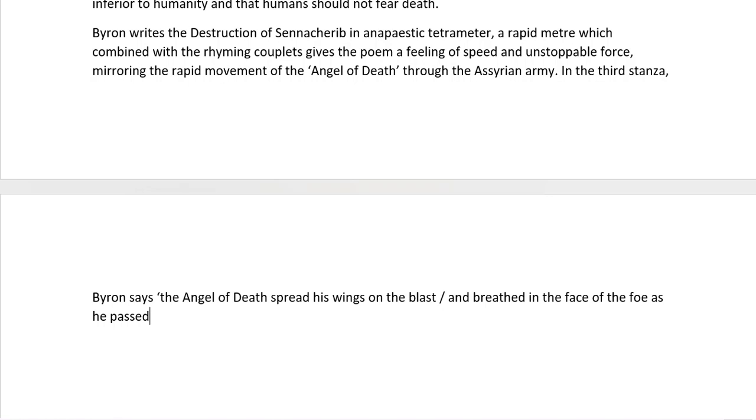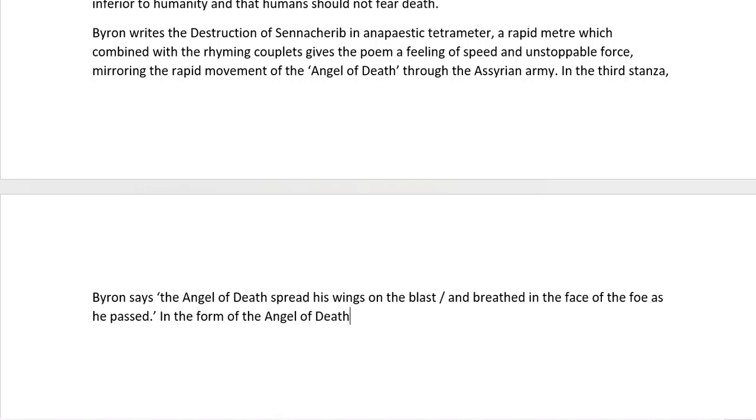"Breathed in the face of the foe as he passed." I picked those two lines because I can analyse language in them. In the form of the angel of death, and as I said, I'm not 100% sure whether you'd use the term personification when talking about angels, but I don't know of another term you would use.